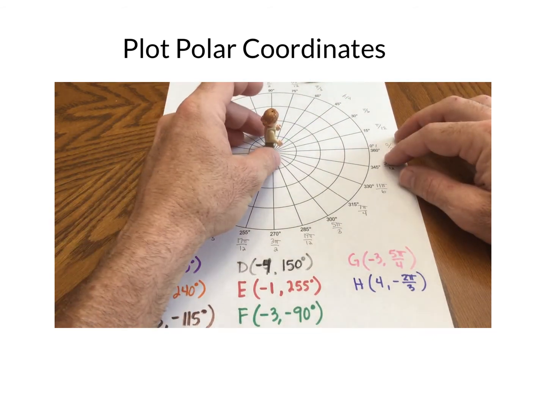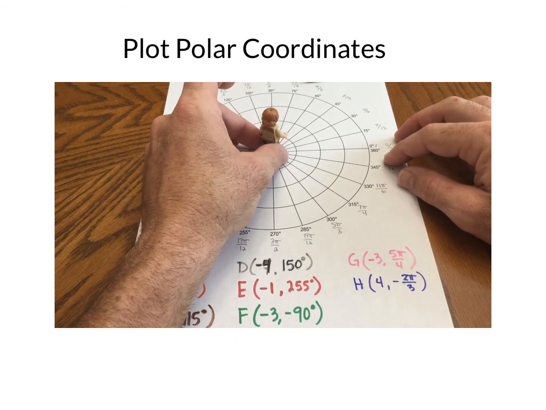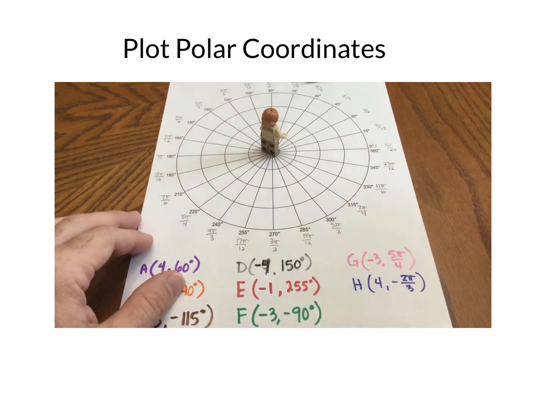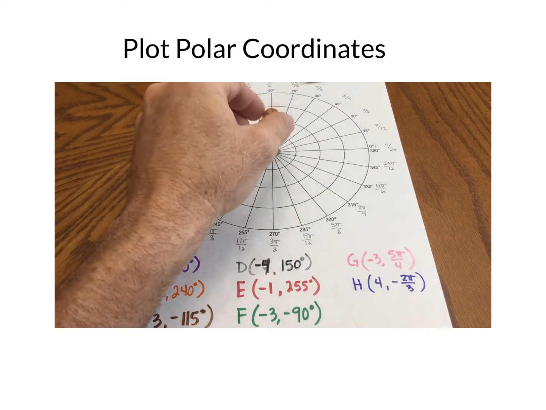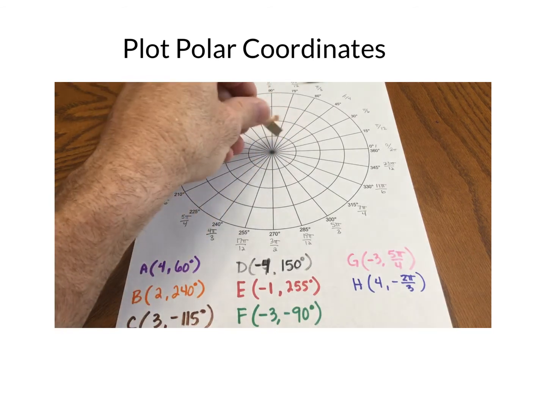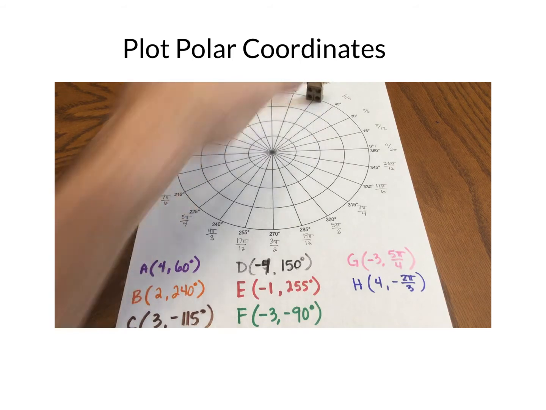In other words, I'm going to turn her little body so that she's facing the 60 degree angle perfectly. Now we're going to walk 4 lines away, or 4 units. Oops, she fell over. 1, 2, 3, 4 units away.